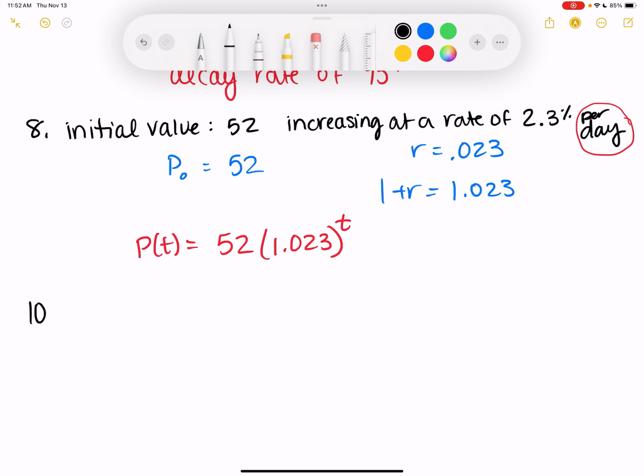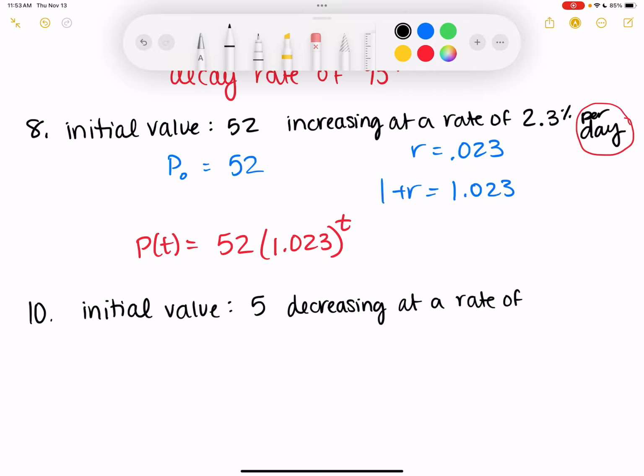Ten. We have an initial value of 5, and it is decreasing at a rate of 0.59% per week.